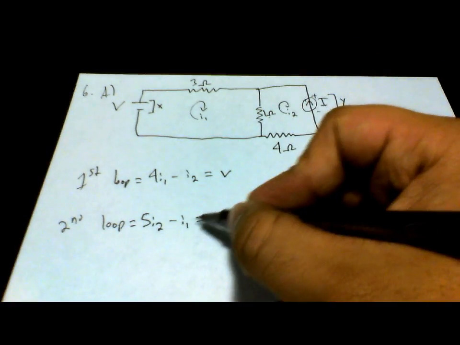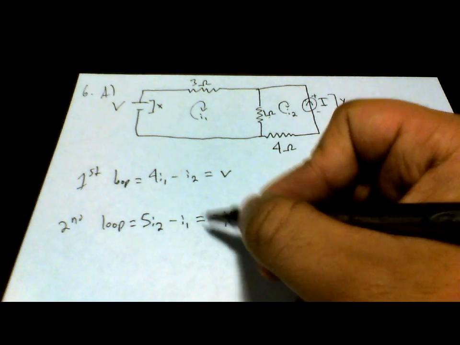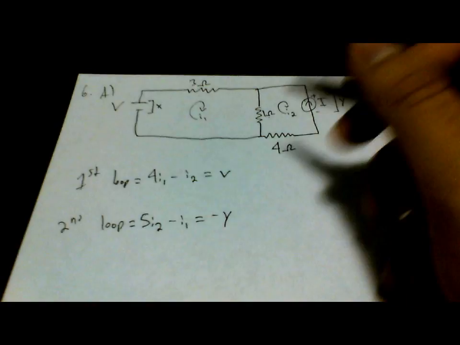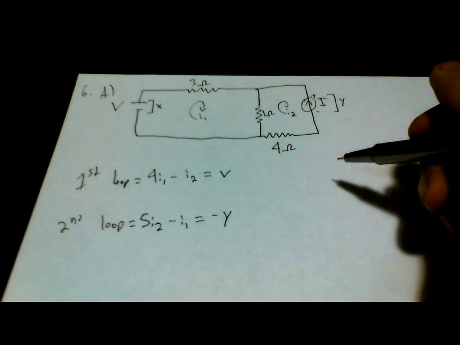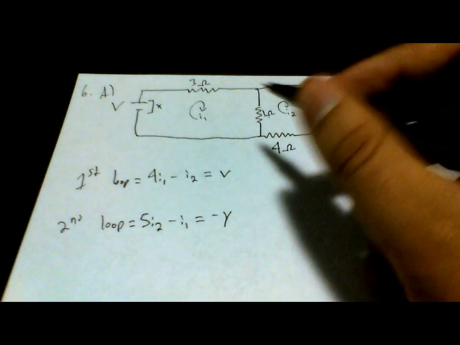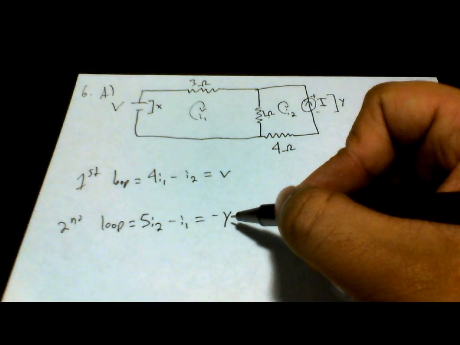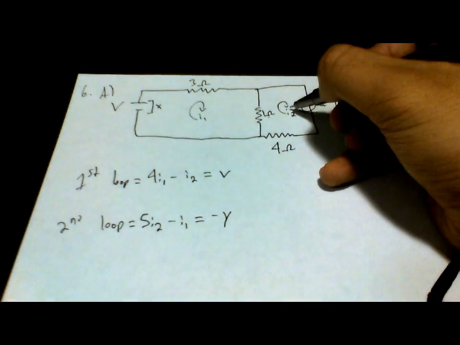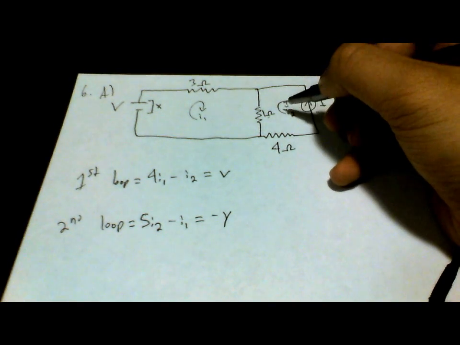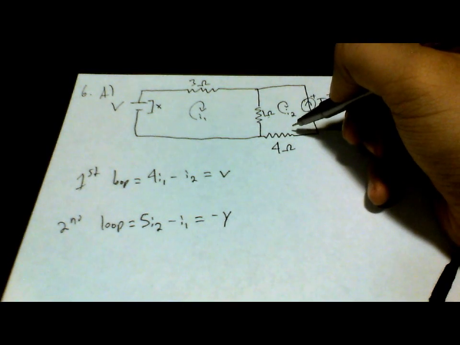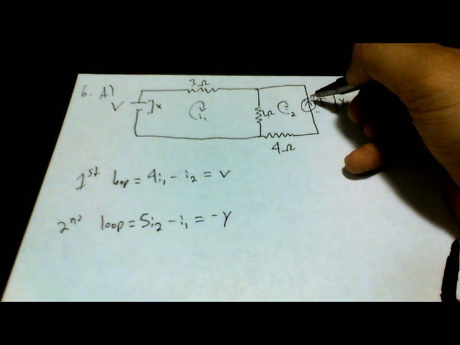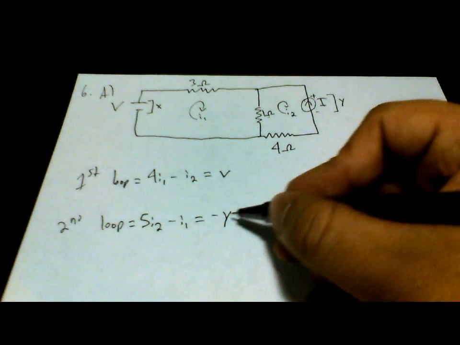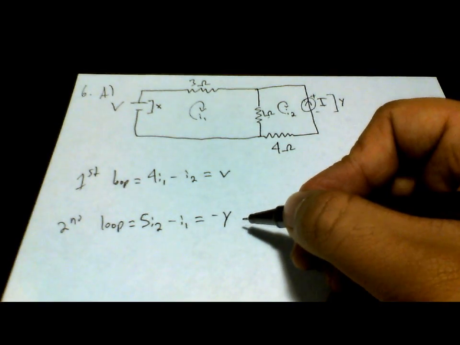So it should actually be plus Y. So it should be 5I2 minus I1 plus Y to get all the voltage drops. But since it's going to equal 0, you can just bring the Y over here and get negative Y. So if your current goes into the plus side of the current source and comes out the negative side, then you have negative Y on this side.